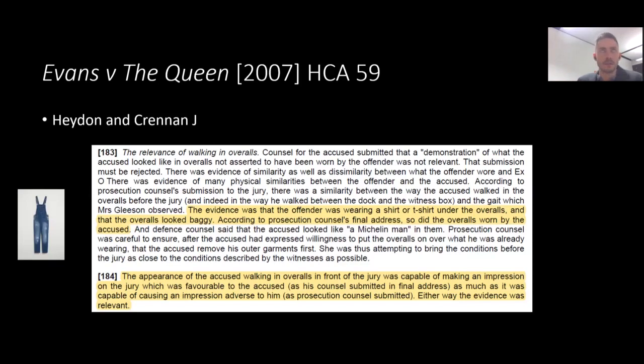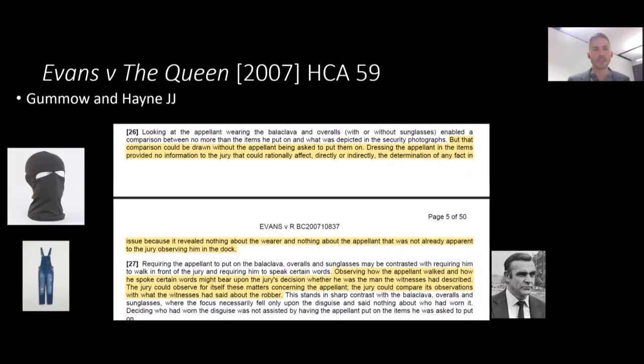One of the witnesses said he was wearing clothes that were overly baggy. So if that's the fit, then that adds a little bit of probative value. If it doesn't, that also tells us something. Also, the way he walks might be useful to see if it matches the other evidence. So they say it's all relevant.